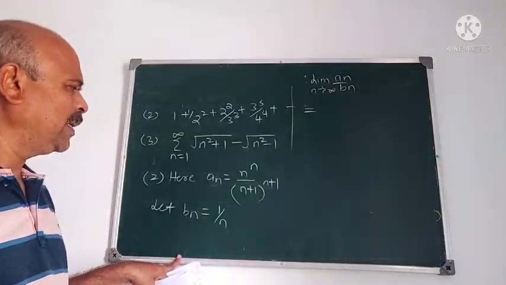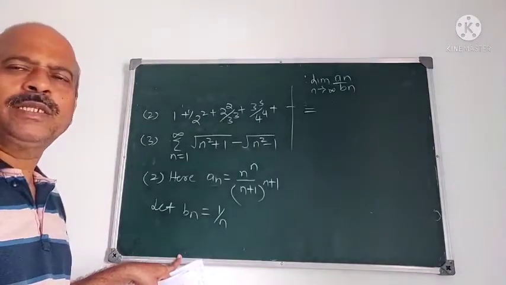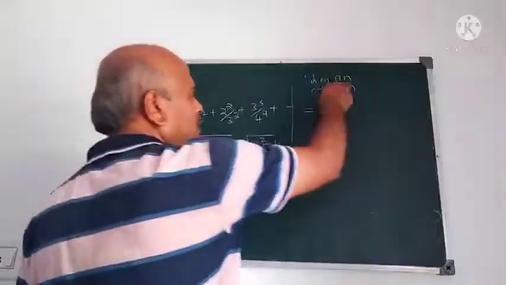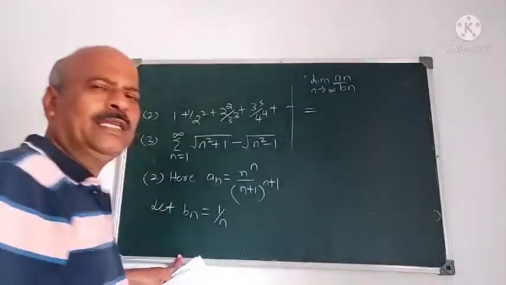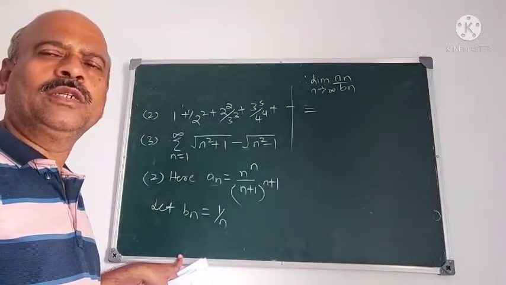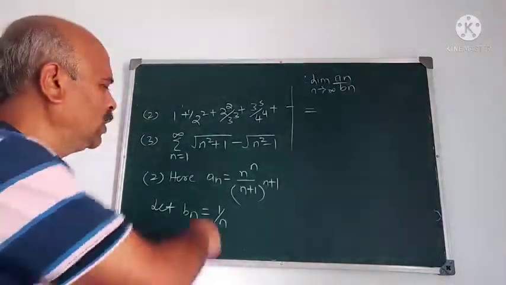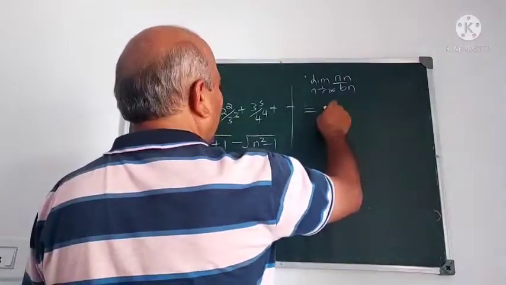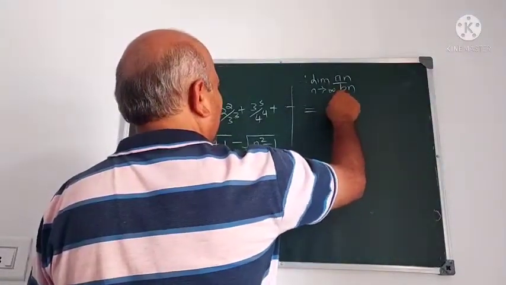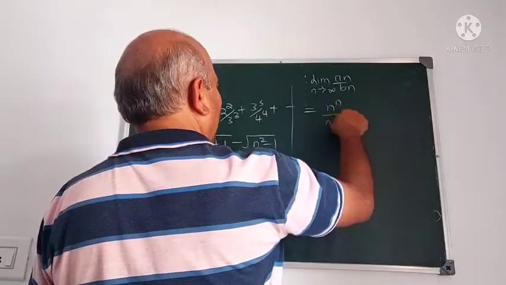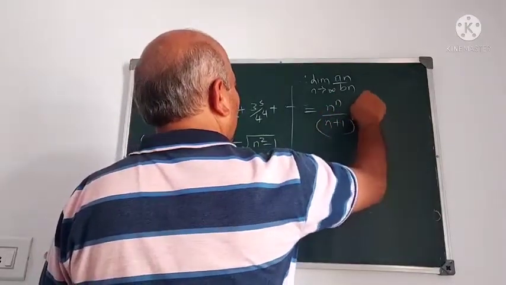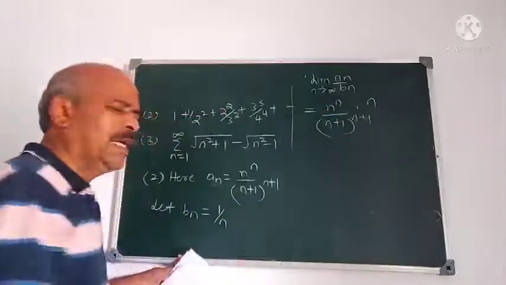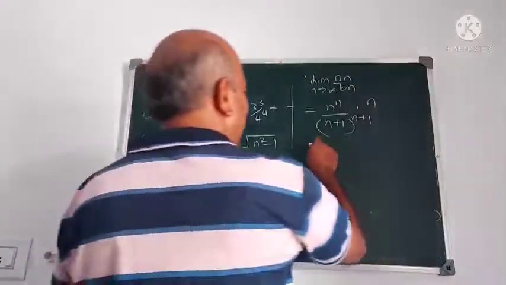Because to apply the comparison test, what does the comparison test say? If limit an by bn, n tends to infinity is finite and not 0, then the two series behave alike. They are the same. Therefore, an upon bn is n raised to n upon n plus 1 raised to n plus 1 into n, because dividing by 1 by n is the same as multiplying by n.